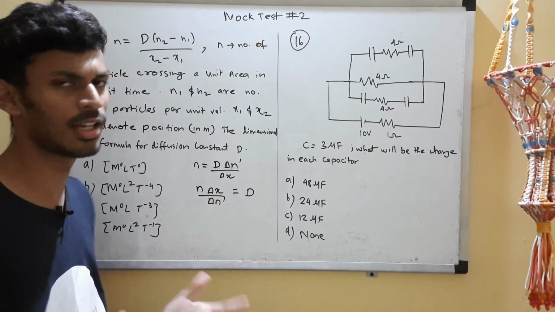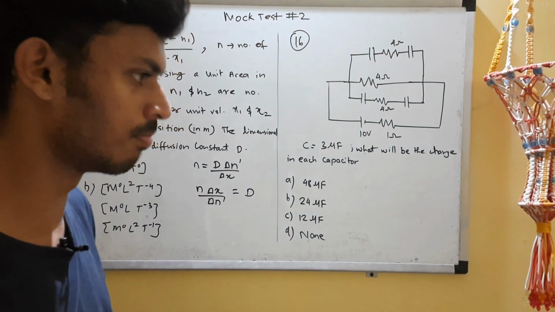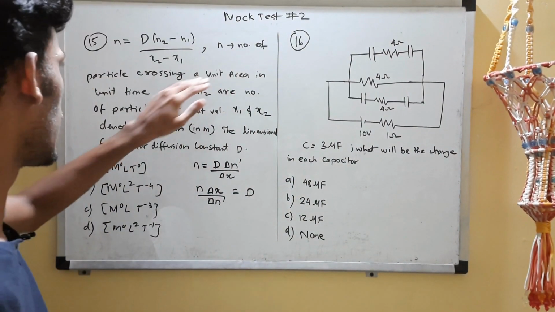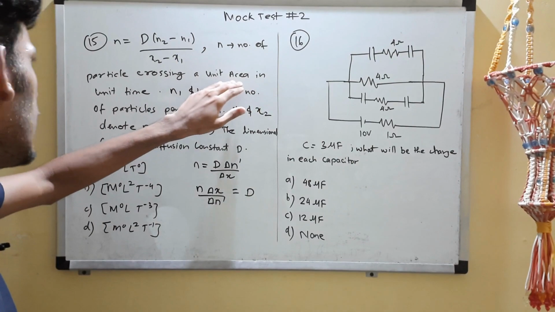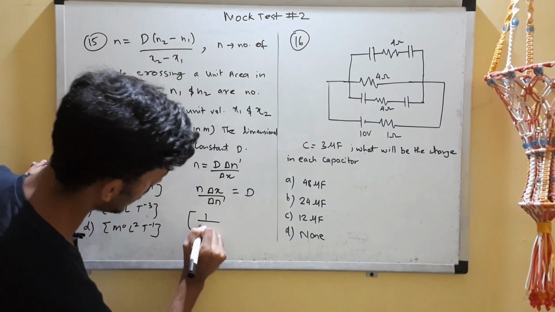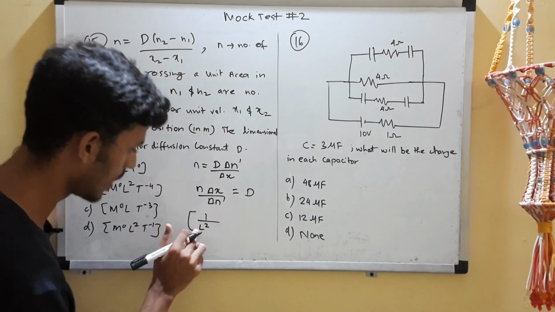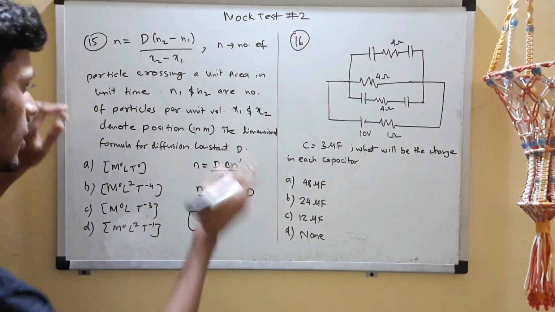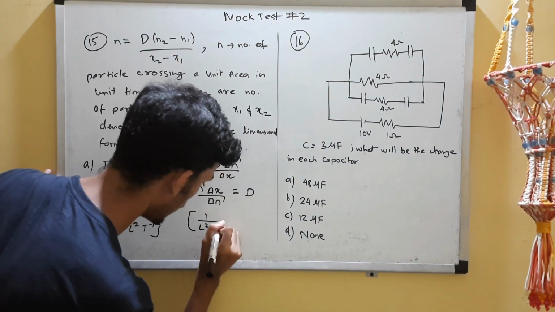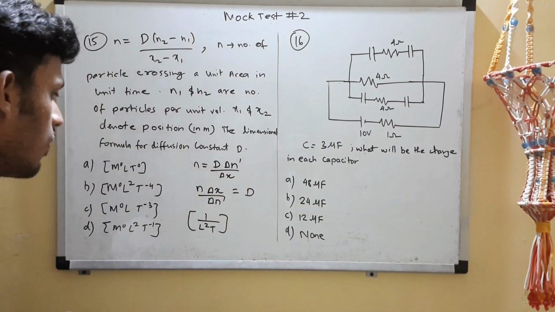The number of particles dimensionally does not have any dimension, it's a number. Then we have per unit area, that is 1 by L square, and per unit time. So these are the dimensions of n.